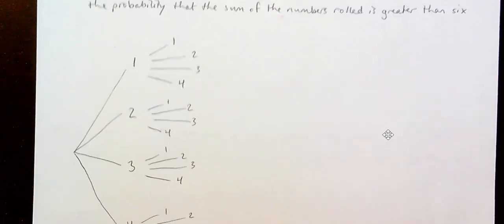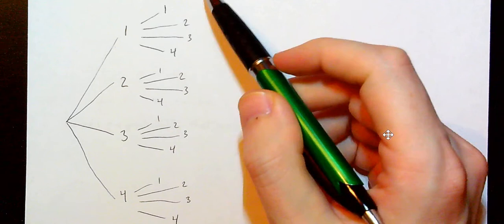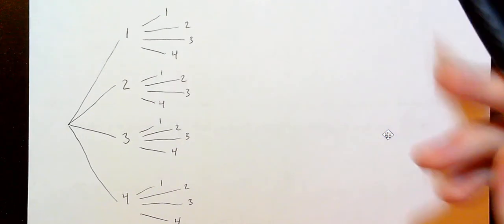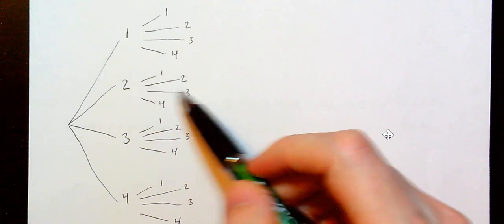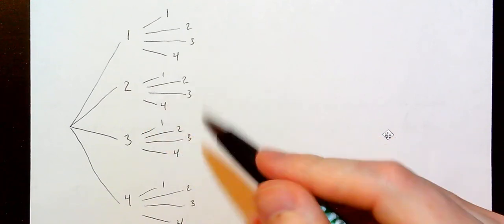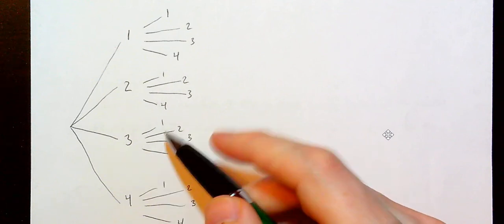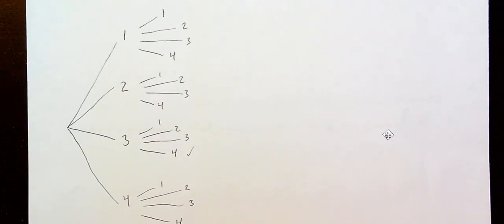So let's find all the outcomes here that have the sum of the two numbers being 7 or 8. 1 plus 1 is 2, not what we want. 1 plus 2, no. 1 plus 3, no. 1 plus 4, no. 2 plus 1, no. 2 plus 2, no. 2 plus 3, no. 2 plus 4 is 6, but we want something greater than 6, so that's not there as well. 3 plus 1, no. 3 plus 2, no. 3 plus 3, no. 3 plus 4, yes, because the sum of those two numbers is 7.